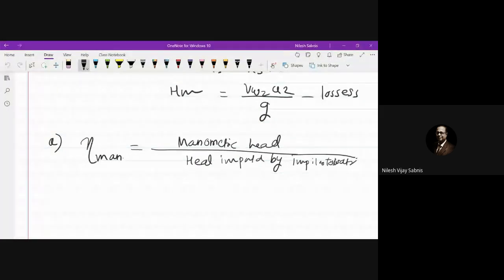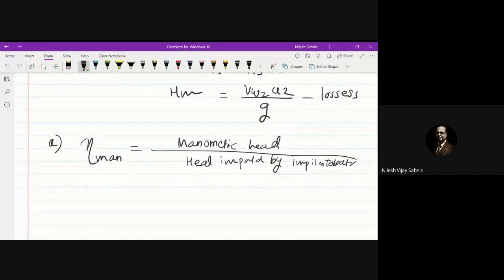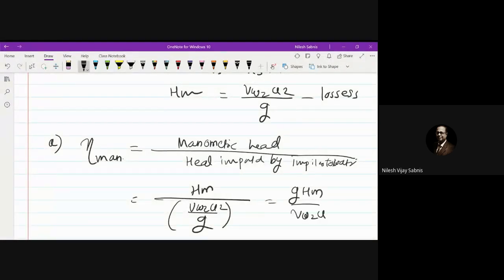Head imparted by impeller to the water means VW2 U2 upon g. In other words, Hm manometric head divided by VW2 U2 upon g, that is work done. So it is nothing but g Hm upon VW2 U2. You just remember these definitions only from the point of these pumps.